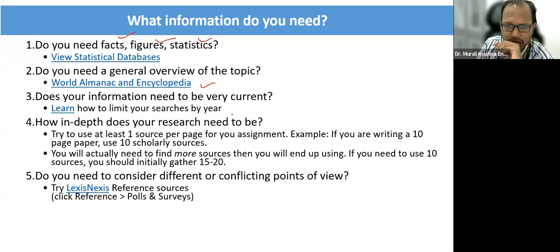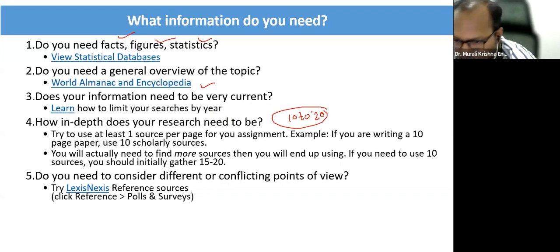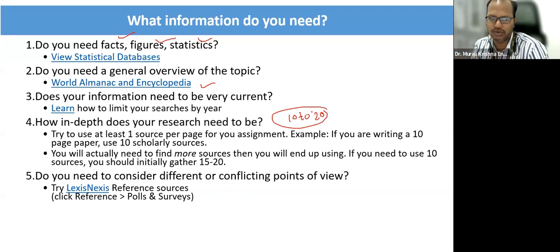Even if you want to go in depth in research, you need to read at least 10 to 20 articles about it. You need to read those articles, and only then will you get an idea about it. That's what I'm saying here.